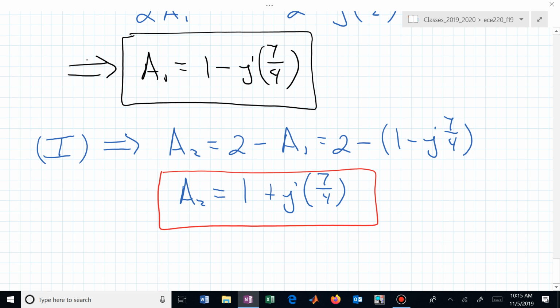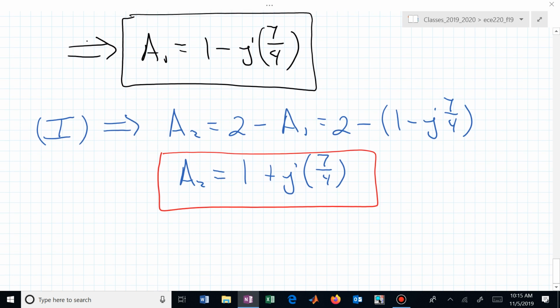We started with real R, L, and C values, and we ended up with coefficients in our answer that are complex conjugates of each other. So A1 is equal to A2 conjugate. My definition of nice.